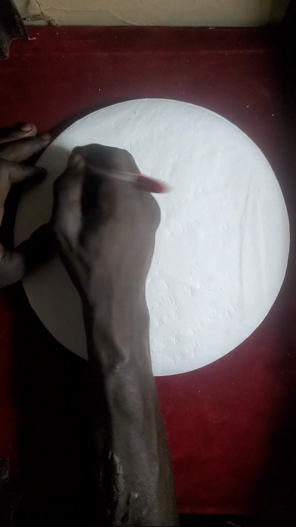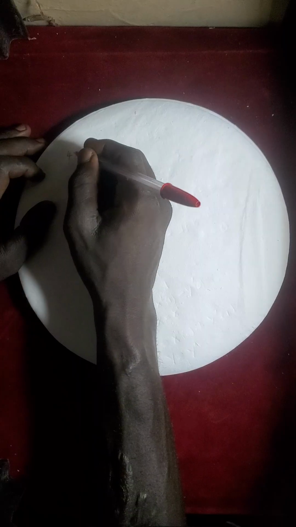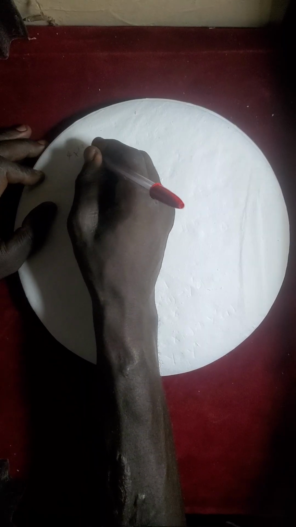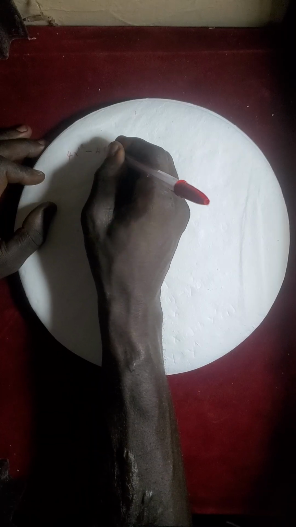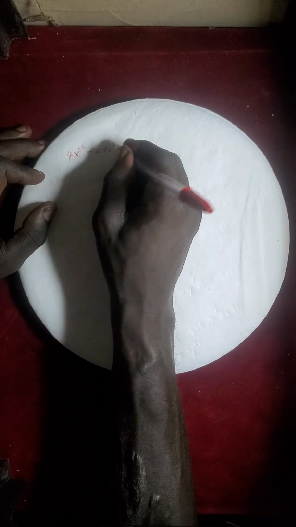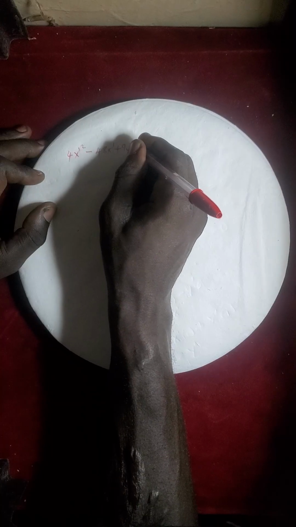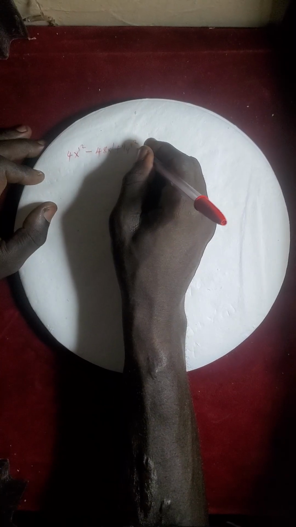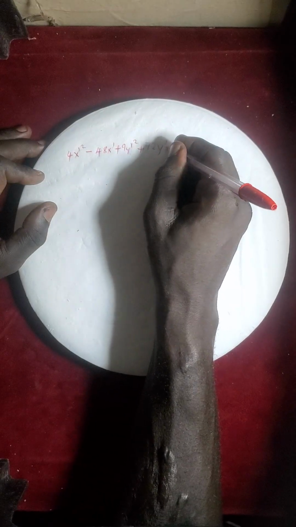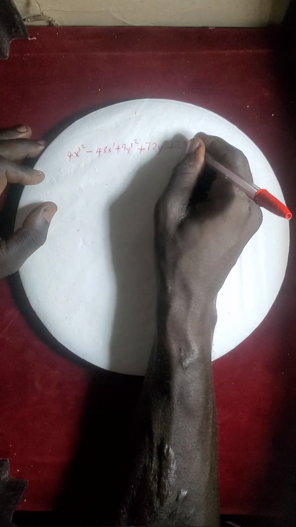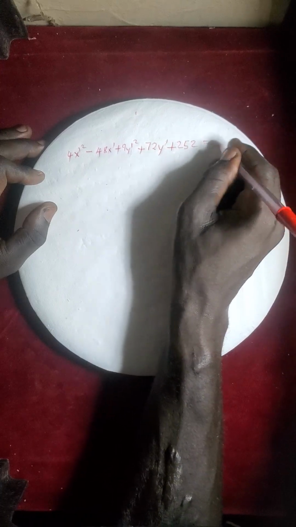So we have 4, where there was x we put x prime squared, minus 48 x prime plus 9y, like that. So that is what we have.